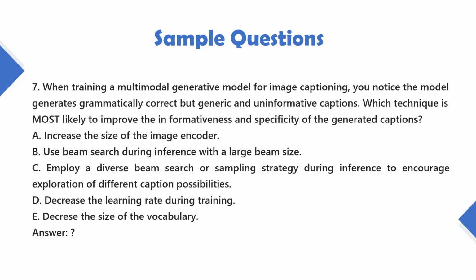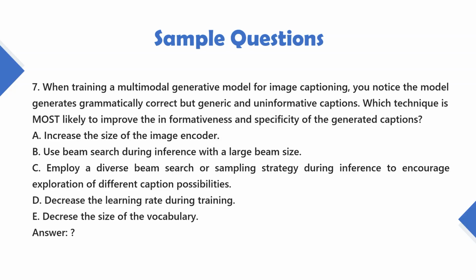7. When training a multimodal generative model for image captioning, you notice the model generates grammatically correct but generic and uninformative captions. Which technique is most likely to improve the informativeness and specificity of the generated captions? A. Increase the size of the image encoder.